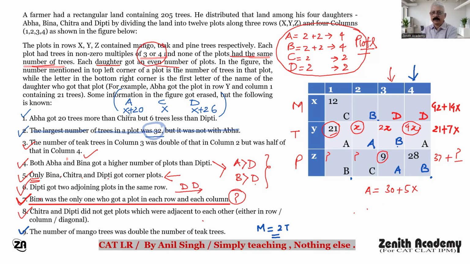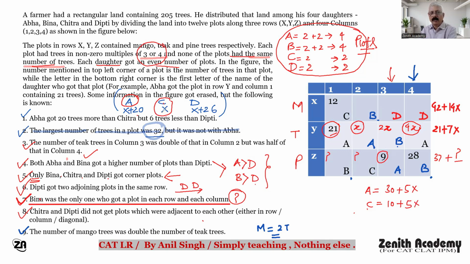Initially I took x, but I can take a different number, anything. The number of trees with Abha is more than Chitra, by 20. So with this data we can write the number of trees with Chitra is 10 plus 5x, because 10 plus 20 is 30 plus 5x.